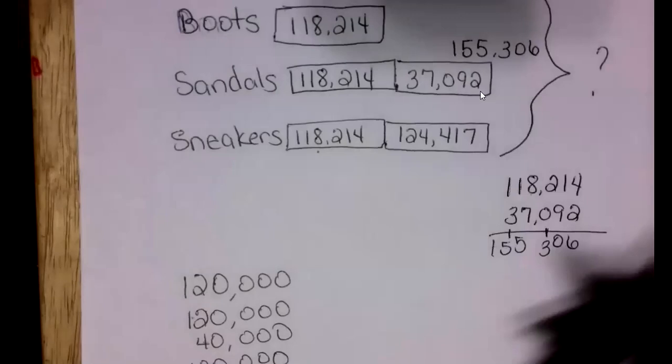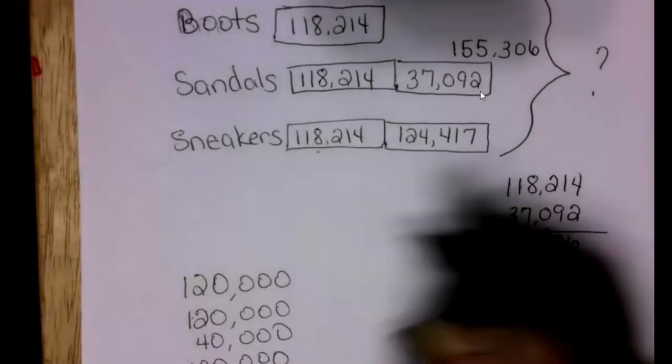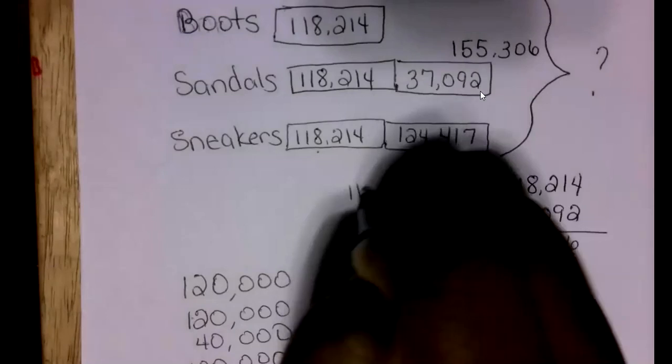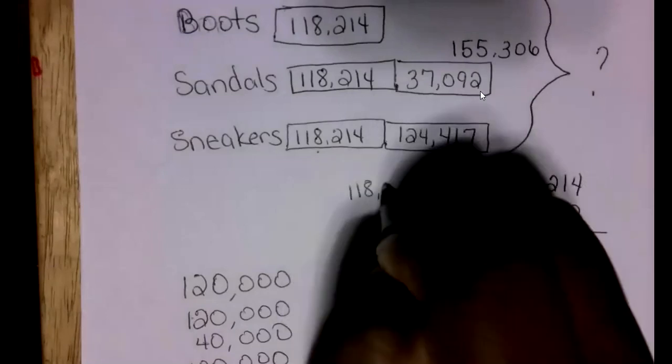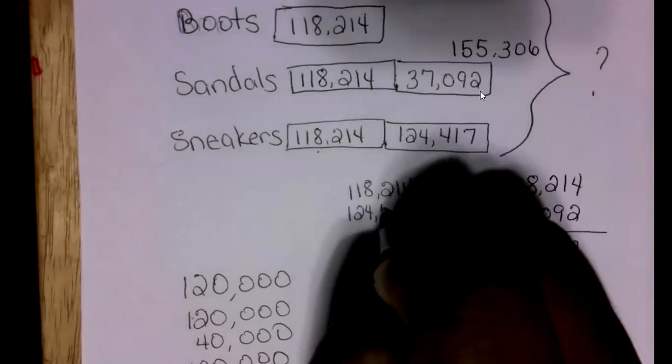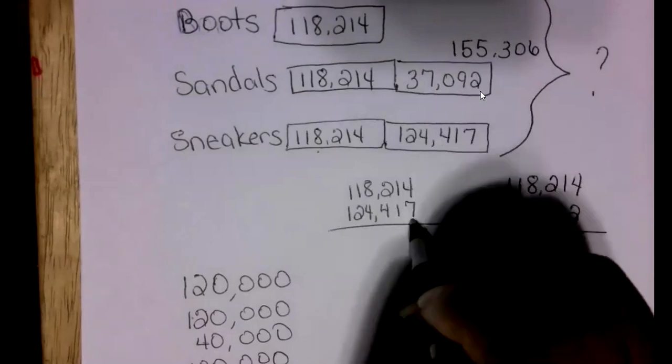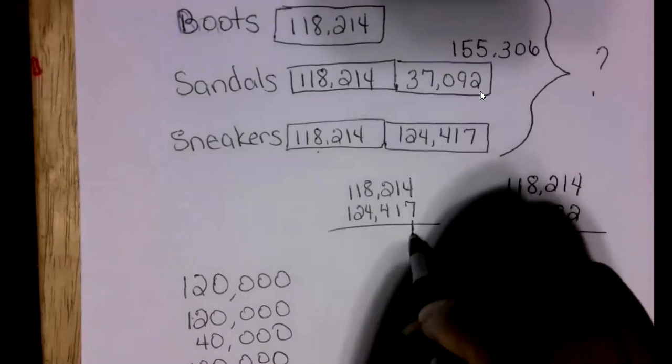Okay, now I need to find out how many sneakers I sold, the actual number. So again, I'm taking 118,214 and adding it to 124,417. 7 plus 4 is 11.